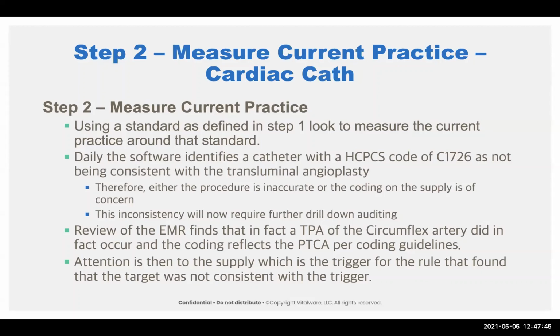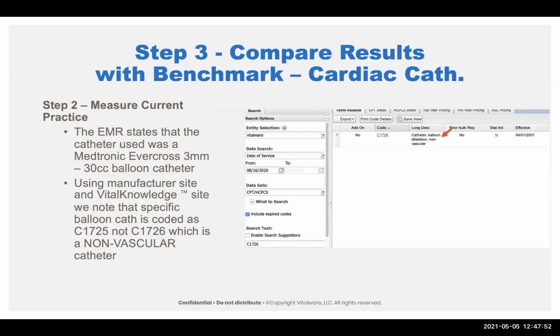So now I'm going to go back and look and say, okay, was the supply coded right in the CDM? And when we look at this, we see that the C1726 is an Evercross, and we see that it is stated to be a non-vascular. Well, the coronary artery system is very much part of the vascular system.